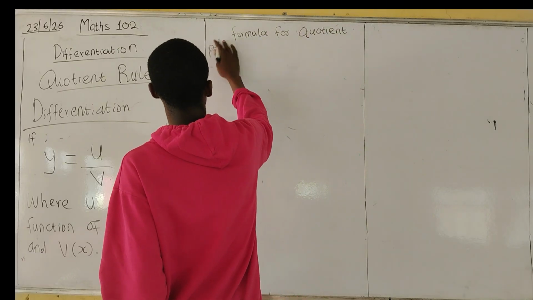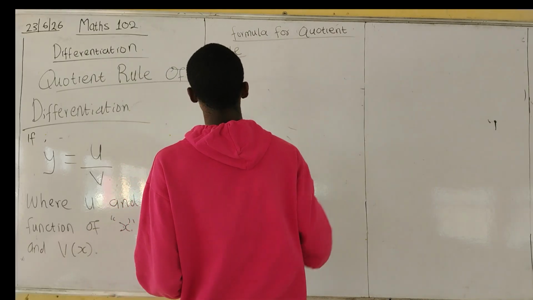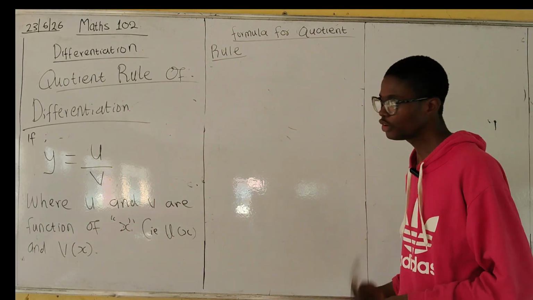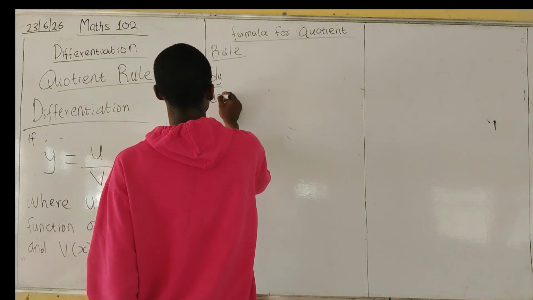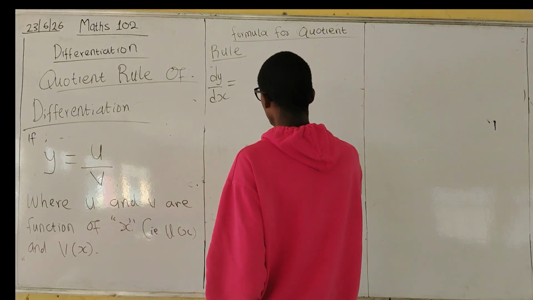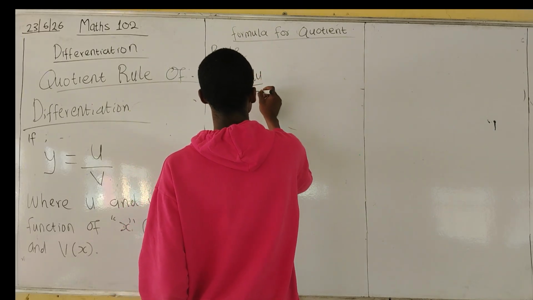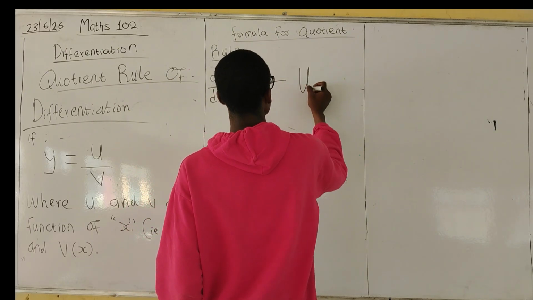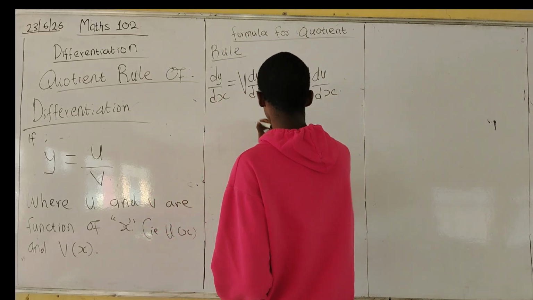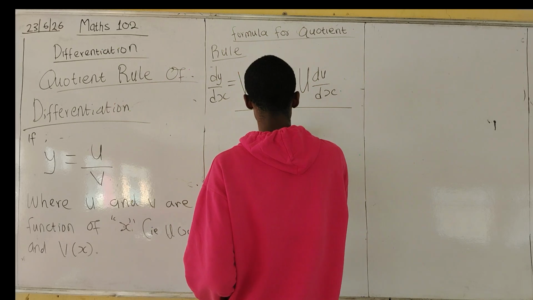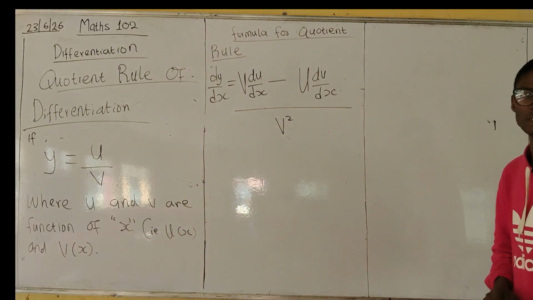What does the quotient rule tell us? dy dx equals v du dx minus u dv dx, all over v squared.